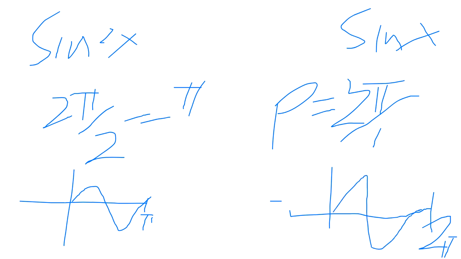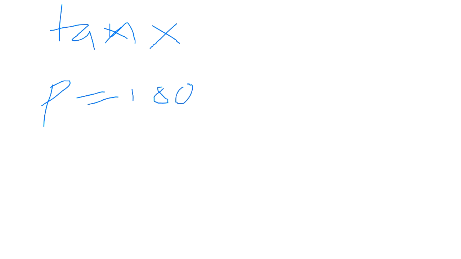In the same way, if you have got a tan graph, for instance, tan x, the period is going to be equal to 180 over 1, which will give me 180.